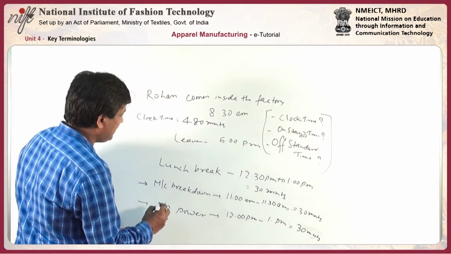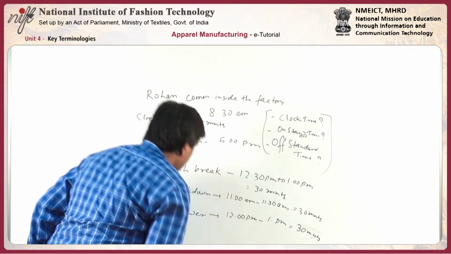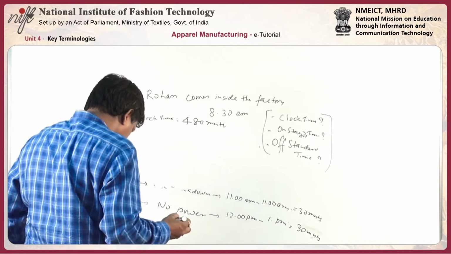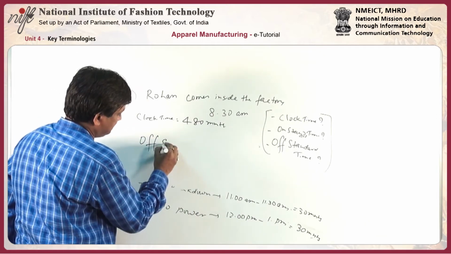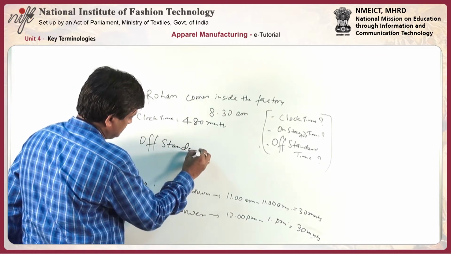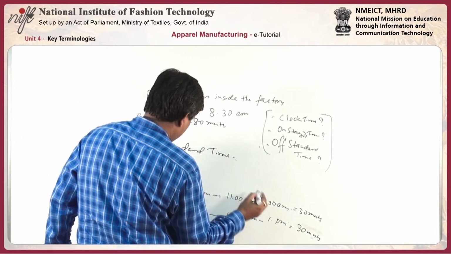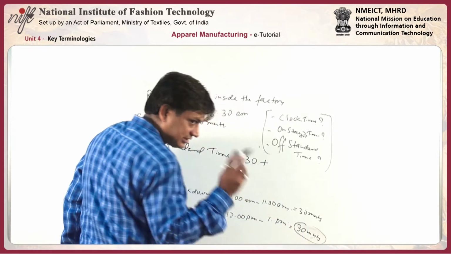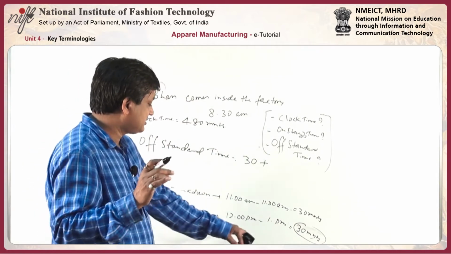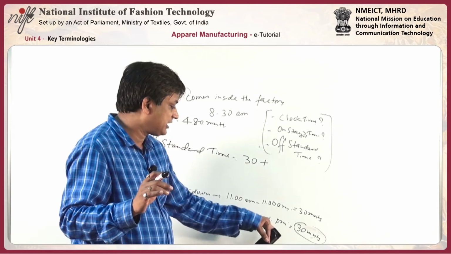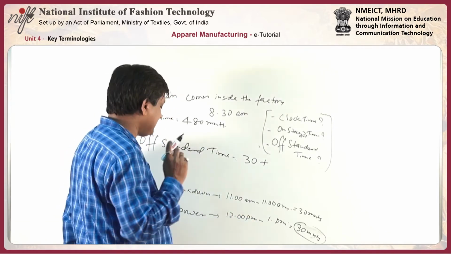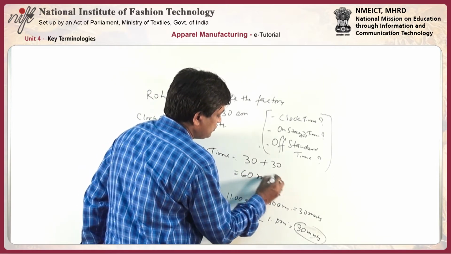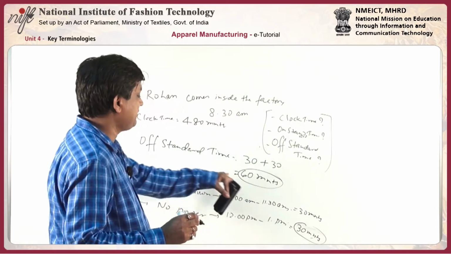So the off standard time in this particular case is 30 minutes for machine breakdown and another 30 minutes for no power. It's not 60 minutes for no power, kindly take care. Only 12 p.m. till 12:30 p.m. has been taken as no power. So 30 plus 30 is 60 minutes off standard time.